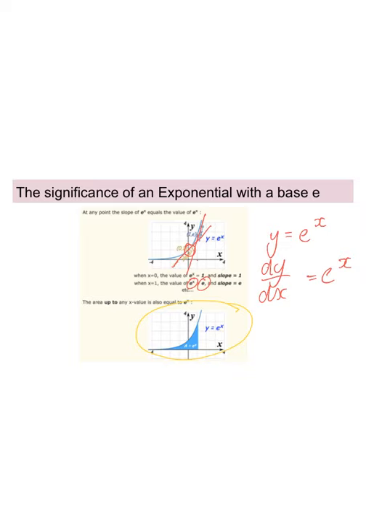The area under this curve in here is actually e to the x as well. So the integral of e to the x with respect to x is actually e to the x plus c. So it's because of these particular properties that an exponential with a base of e is really important for us to analyse and focus on in this topic.